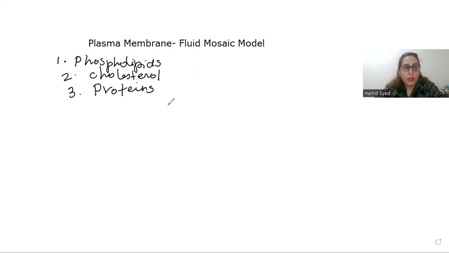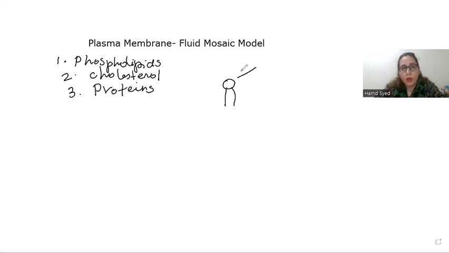Now, first, we're going to look at the structure of the phospholipids. The phospholipids are amphipathic molecules. Now, what do we mean by amphipathic? Over here I've drawn a single molecule of a phospholipid. When I say amphipathic, what I mean is that one part is hydrophilic and the other part is hydrophobic.